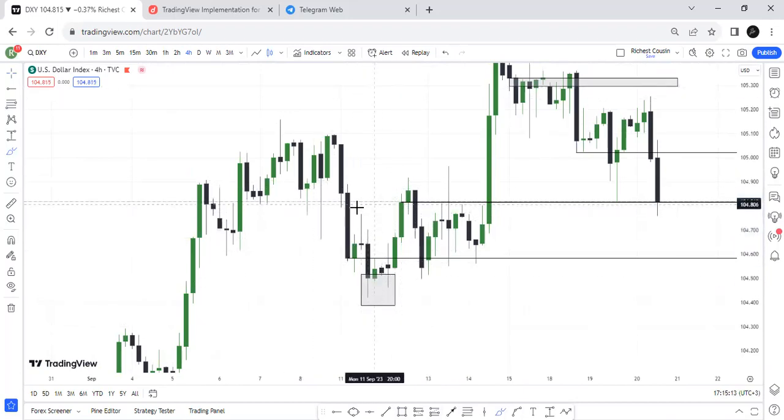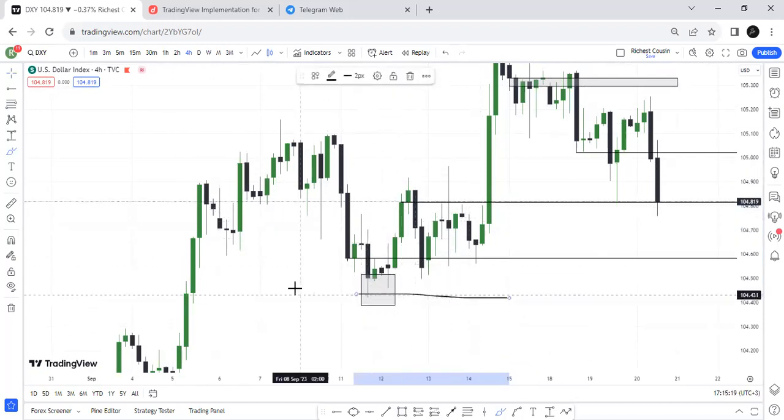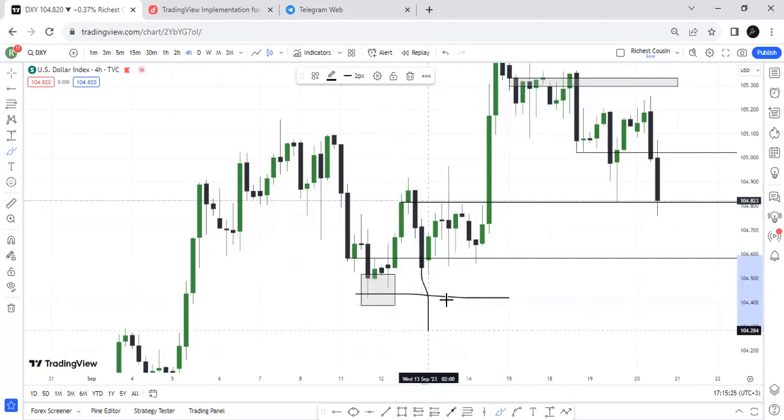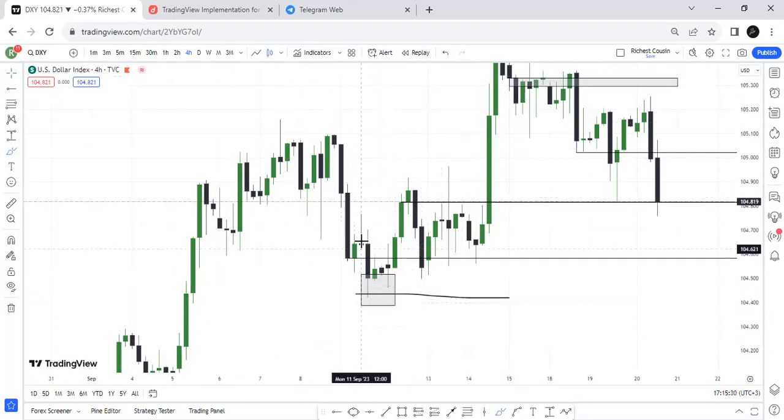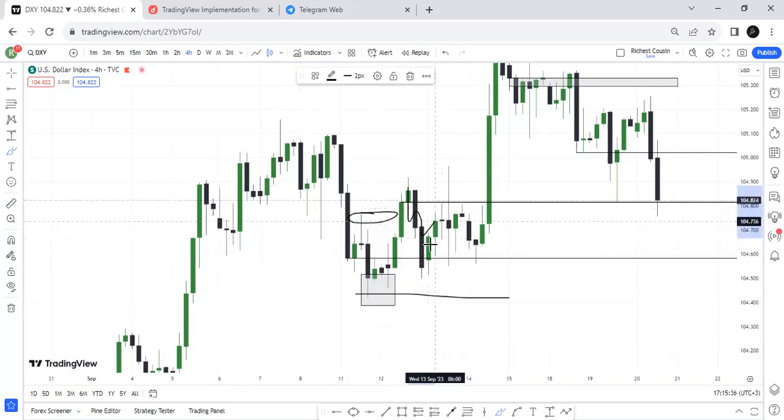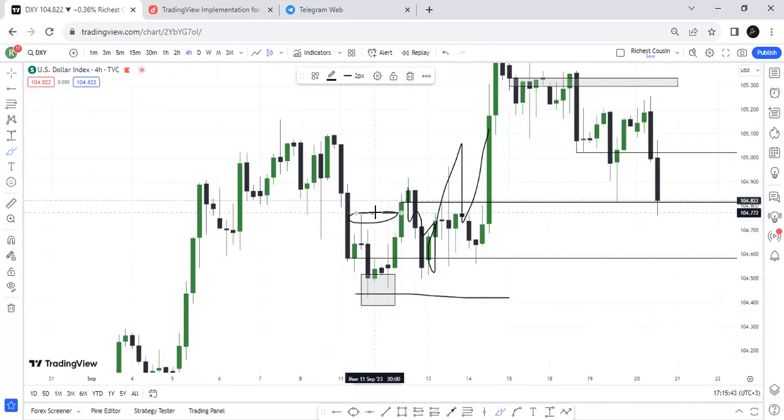Price validated this structure high by closing above it, and then this low became an invalidation level, where it would be invalid if price traded below this level and continued to the downside, right? Now, after price validated this high, what did price do? It retraced to the downside and continued going to the upside, which means it validated the bullish structure.